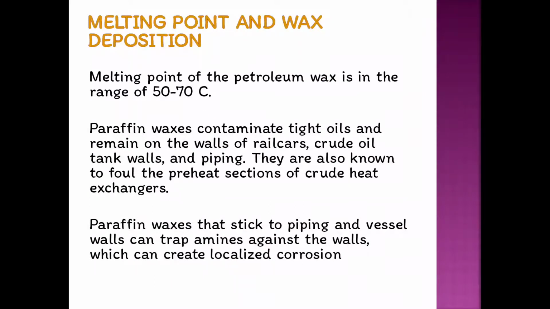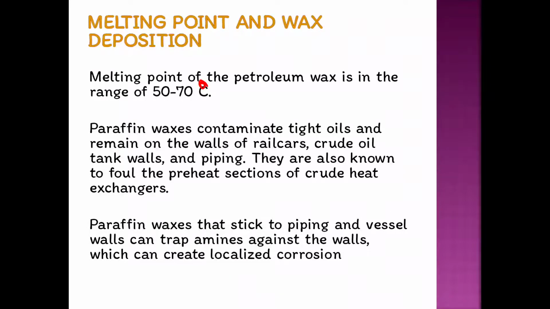The topic, if you have noticed, of this presentation was determination of melting point of petroleum wax. So it is usually in the range of 50 to 70 degrees centigrade. But the question is, why we are interested in the melting point of petroleum wax. See, paraffin waxes contaminate tight oils, and it remains on the walls of rail cars, crude oil tank walls, and piping.